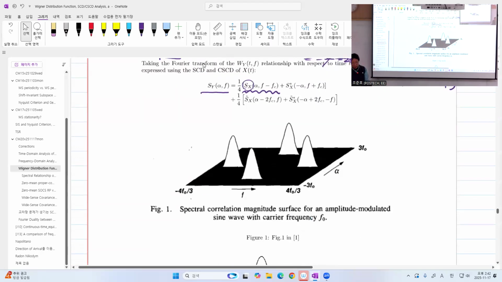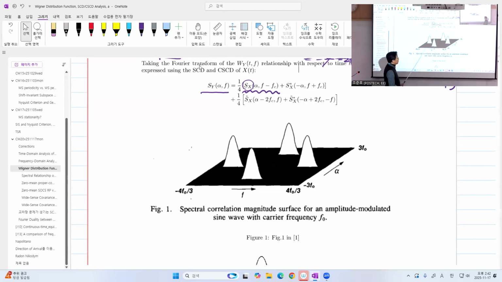Now, let me give you some examples from the references. So this is figure 1 from the reference. And as you see here, this is frequency. This is cycle frequency. You can view this as Doppler frequency if you want, but it does not have the meaning of Doppler shift. So you can say that this is frequency and this is cycle frequency.